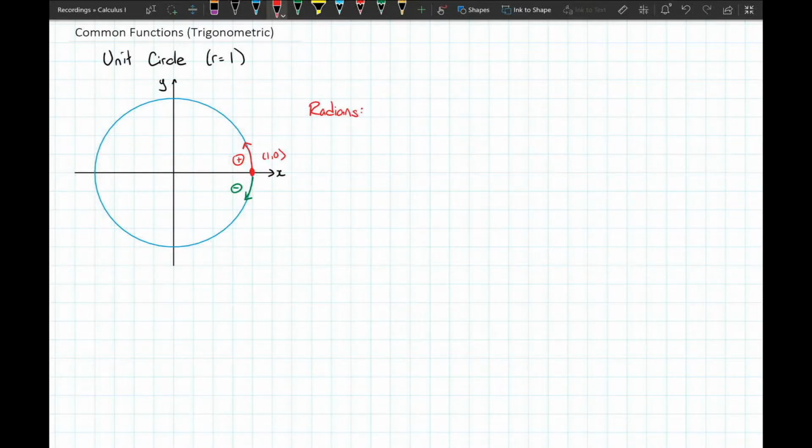In radians, if you travel all the way around the circle, you will have traveled 2 pi radians. The advantage to using radians is that it links angles to distance. If this is a circle of radius 1, then the angle we travel through is 2 pi radians, but the distance around the circumference of this circle is also 2 pi. So that's why we're going to be using radians for this course.